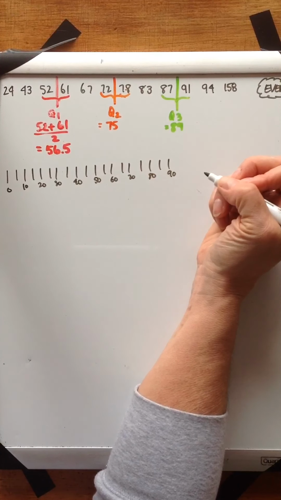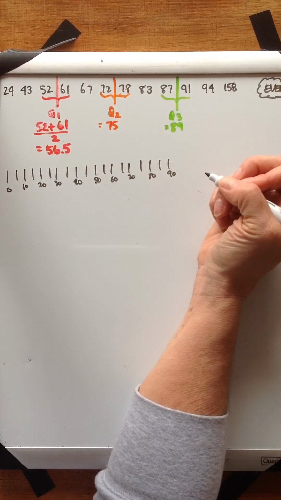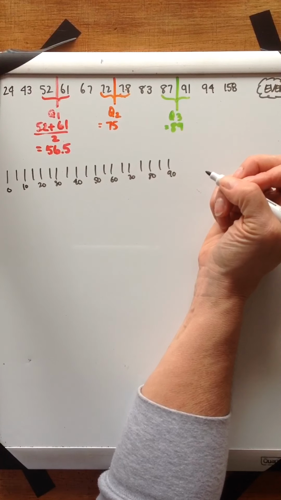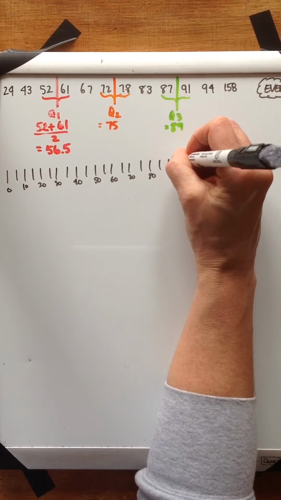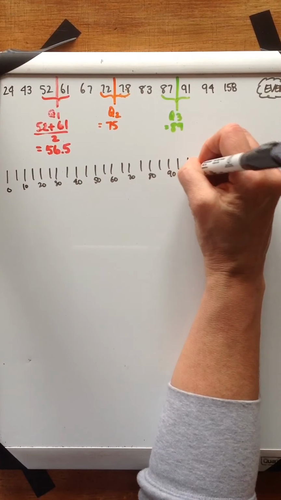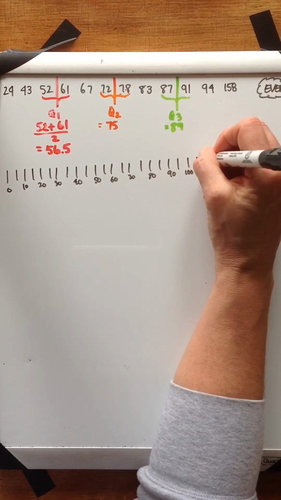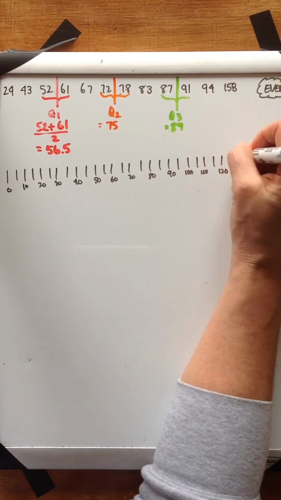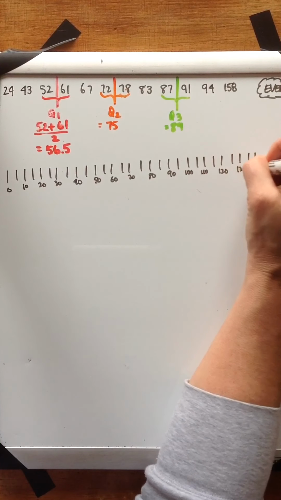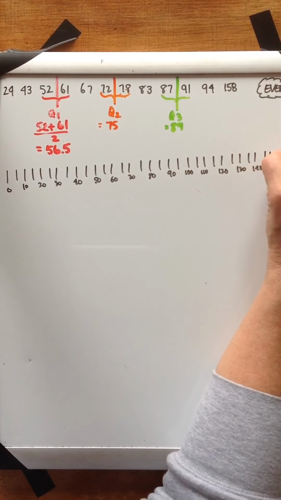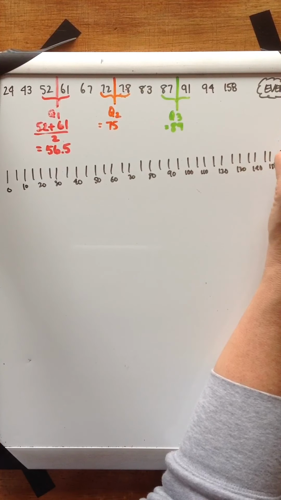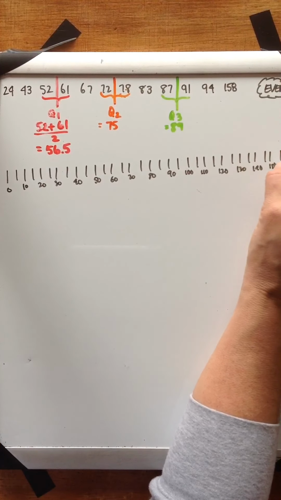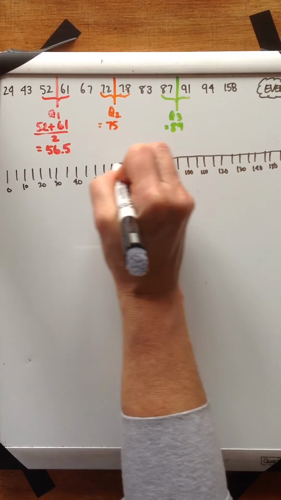And this time I'm going to choose to go from 0 all the way up to 160. You'll see why in a few moments, but I just want to make sure that on my box and whisker plot, every key feature can be shown, and I'm not going to be running out of room or leaving anything out. Now, I know my lines aren't perfect, but you'll get the idea.